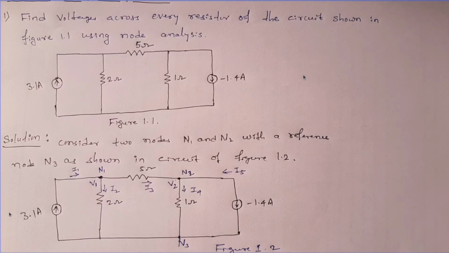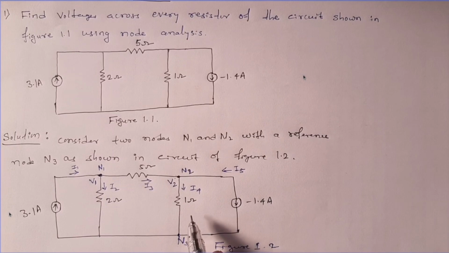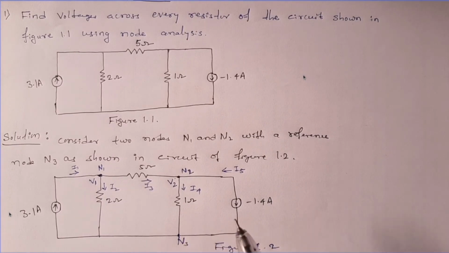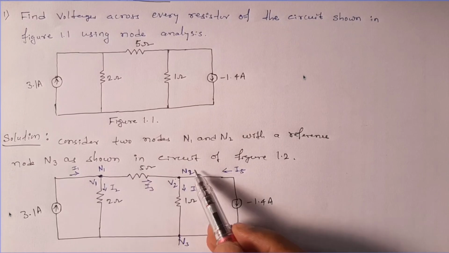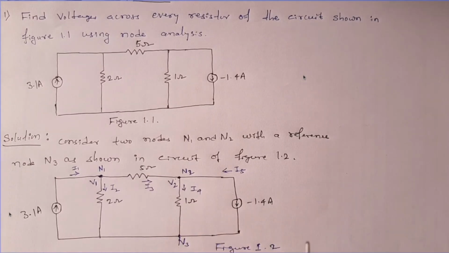Then consider arbitrary voltages at the other nodes, like node N1 voltage V1, node N2 voltage V2. Form node equations using KCL and solve them. Once you find the node voltages, you can find any branch currents or branch voltages. Hope this is clear to all of you.